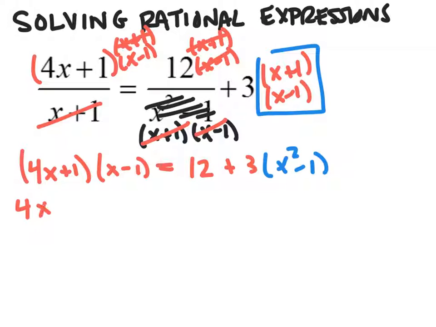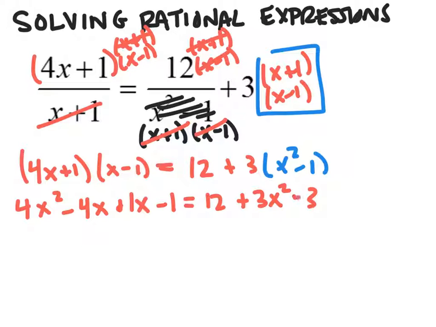So 4x squared, and then minus 4x plus 1 times x minus 1 equals 12, 3x squared minus 3. Now we're going to put all of this on one side. So we bring over our 3x squareds. We get negative 3x here, and I believe we get negative 10 when everything gets placed on one side.